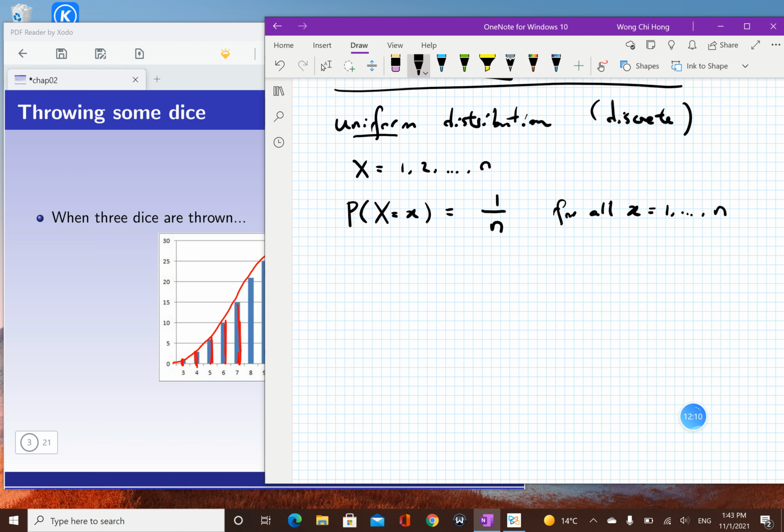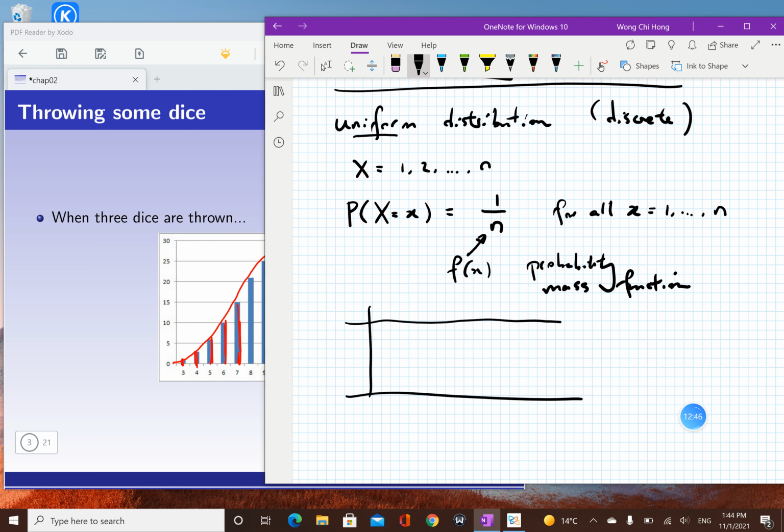Whatever value of x you put in, you get the same probability for each of them, like your die here, 1/6 for each of them. We're going to call this f(x). This is what we call a probability mass function. I'll explain this later, but it's a probability function, the function that tells you exactly the probabilities of these things. If you try to draw this in a picture, it'll be just a constant function all the way along.